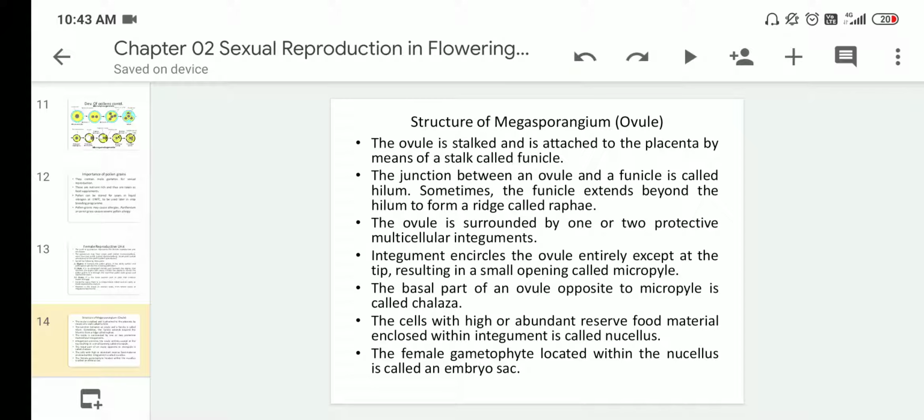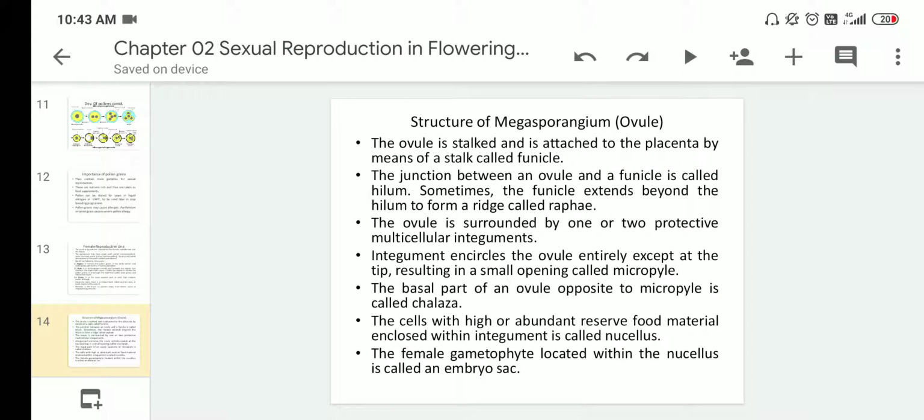In the last video lesson, we completed microsporogenesis and started the female reproductive part of the flower. Now we come to the structure of the megasporangium, that is known as ovule.